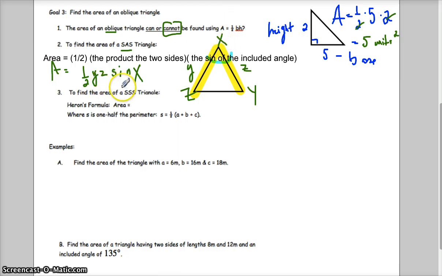There's also another formula we can utilize, and that's when we have an SSS triangle. You may recall from our previous discussion that an SSS triangle is one in which we know the measure of all 3 sides. So I'm going to highlight all 3 sides on this triangle.